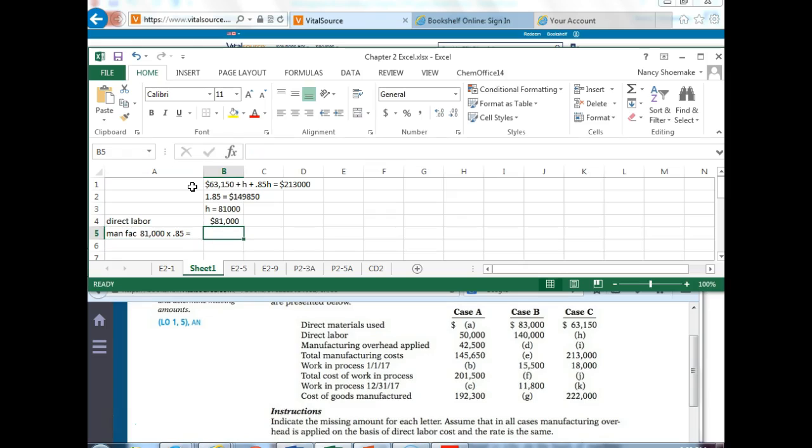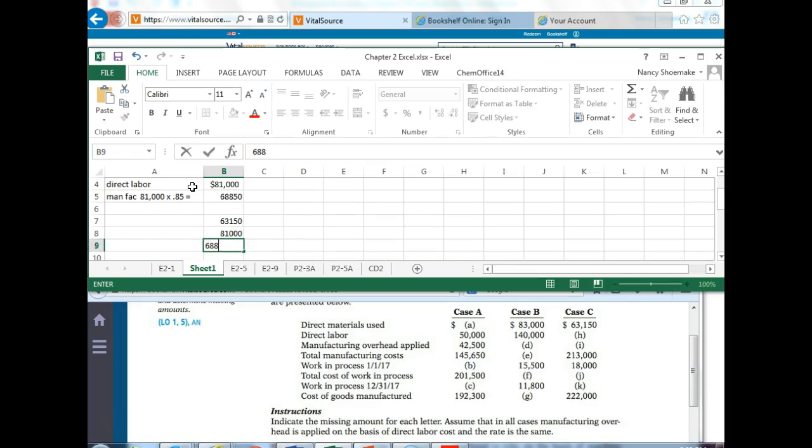Or 68,850, right? Yes, no? Is that making sense? So our 63,150 plus our 81 plus our 68,850, all of that should total our 213,000 that we have right here. That's about as tricky as it gets. Okay?